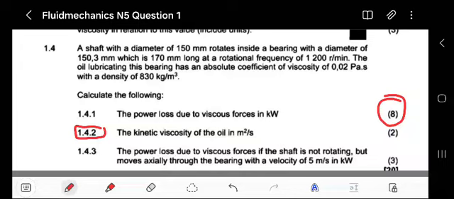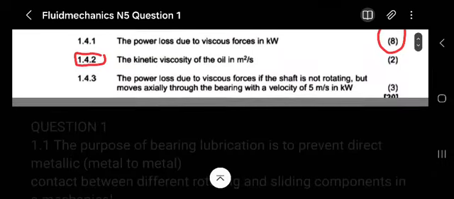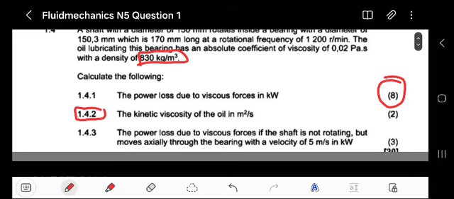Question 1.4.2: kinematic viscosity of the oil. Remember, they have given us the density of the oil, so we'll use it. We know that kinematic viscosity is equal to the coefficient of dynamic viscosity divided by the density of the oil.